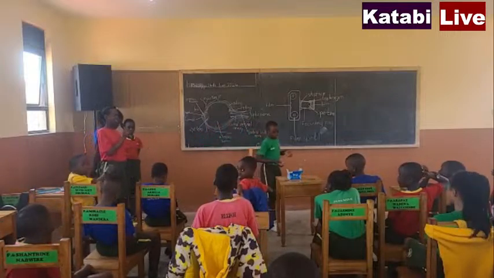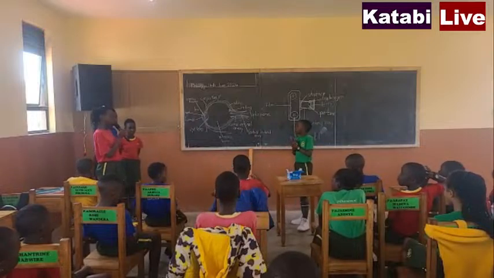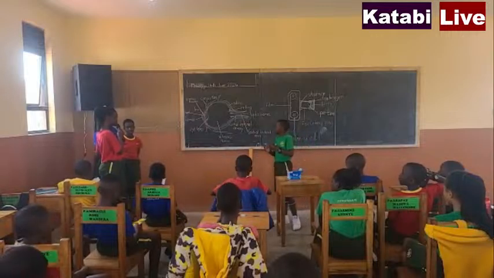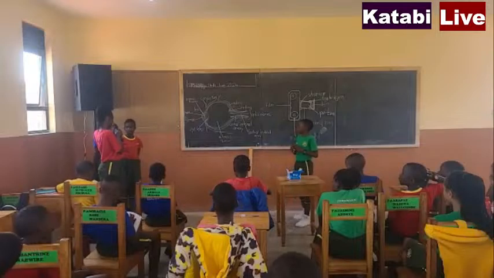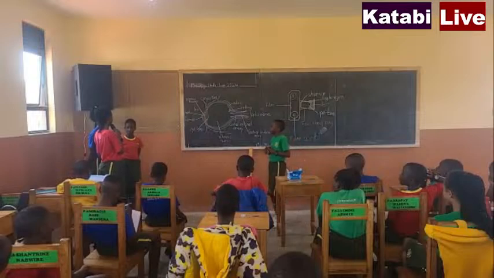We also have examples of sensitive cells that are found in the retina, and their examples are the rods and the cones. The rods are sensitive to dark light and dim light, and the cones are sensitive to bright light and daylight.